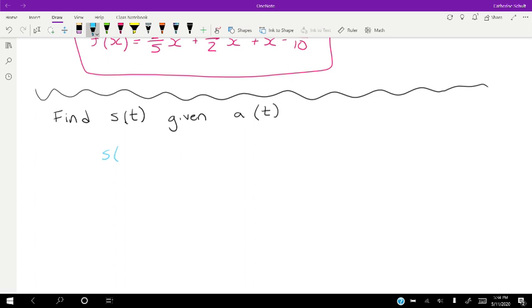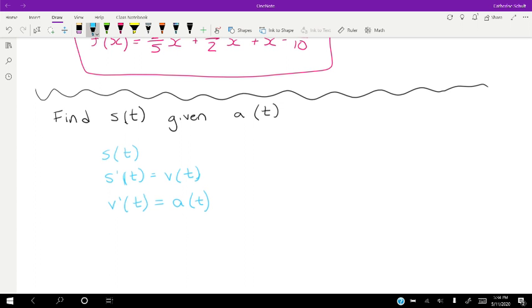We know that s of t, if we take that derivative, we're going to get the velocity, the rate of change of the position. And then if we take that derivative, we can get the acceleration.